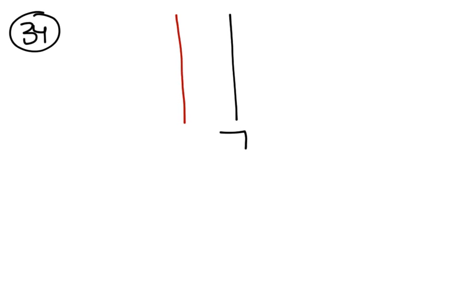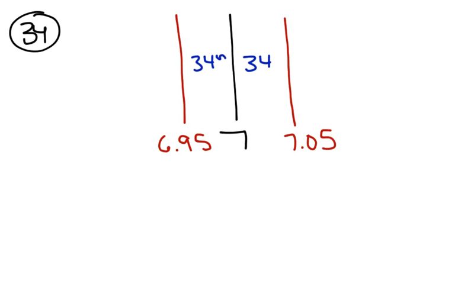Well, if you go one standard deviation to the left and right, here's your 7.05 and 6.95. And we already know that when you go one standard deviation either way, it's 34% on either side. So between these two, 68% of the nails should be between 6.95 and 7.05 inches long.